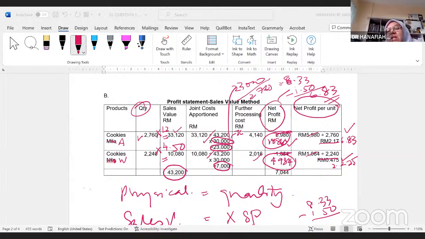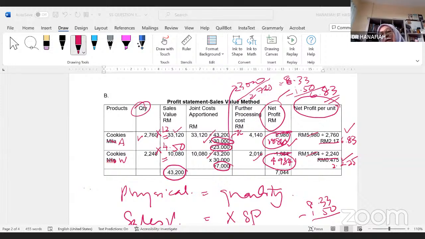Oh, actually, that one is up to you. Normally, the question will state which method you have to use, all right? Or otherwise, it is up to you which one is preferred by you. Okay? If the question asks you to use the net realizable, then you have to do based on the net realizable value. Okay?